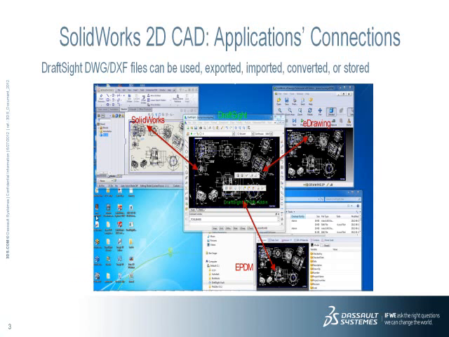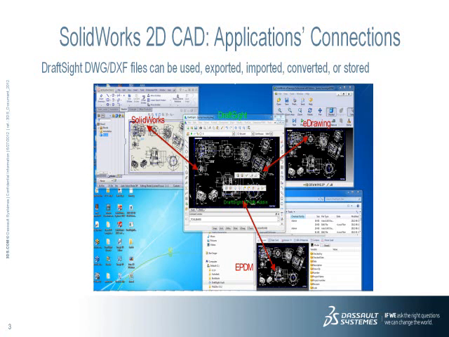Talking about technical support of DraftSight, this slide shows DraftSight within the related 2D CAD applications that SolidWorks offers. For example, on the top left you can see SolidWorks itself, and there is the same document of a drawing of DraftSight that was converted to a SolidWorks drawing.